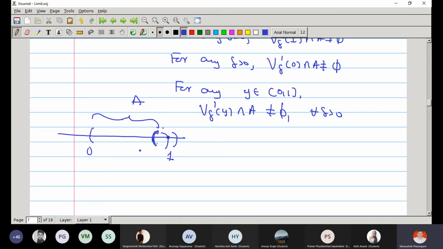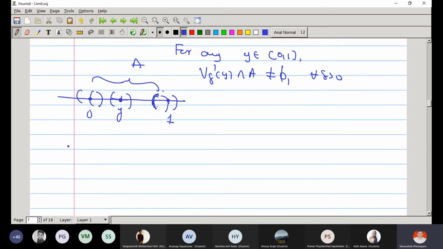If you take any neighborhood around 1, or around 0, or around any other point y, it always intersects with set A. This is the very simple observation.